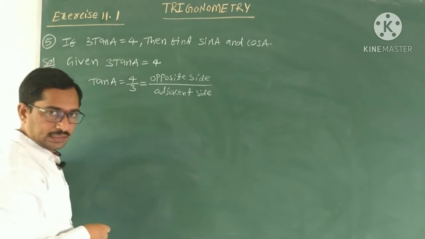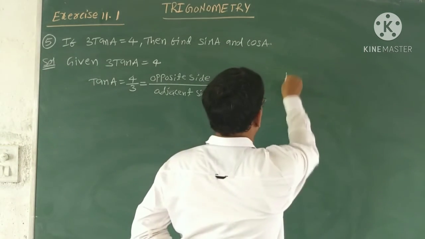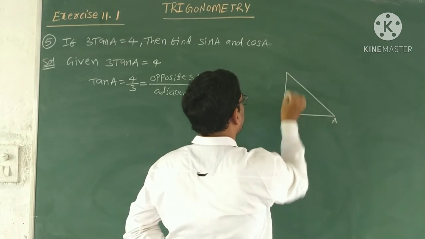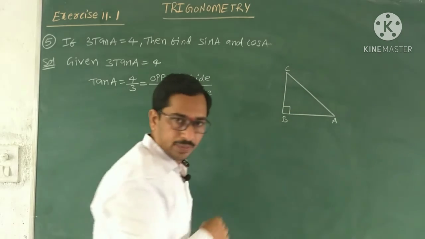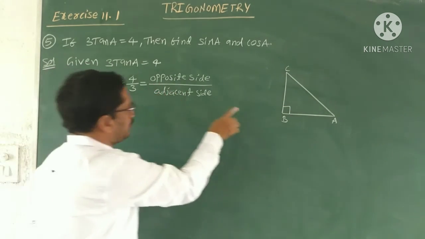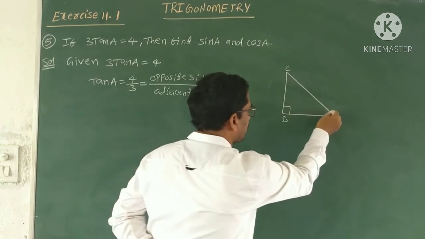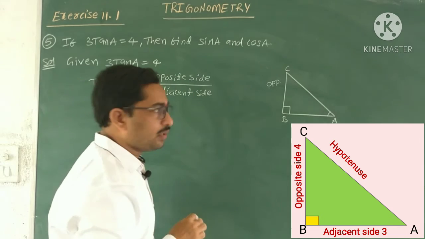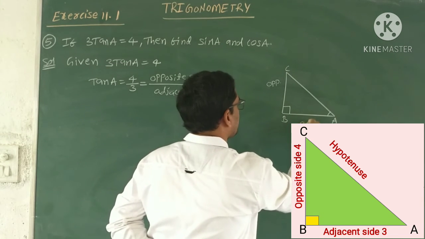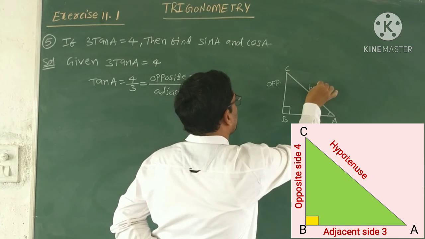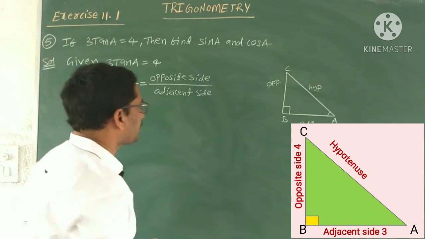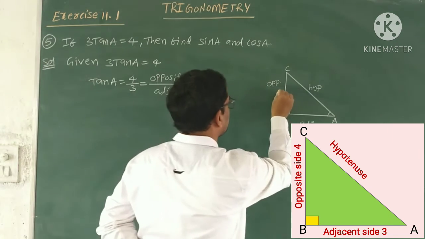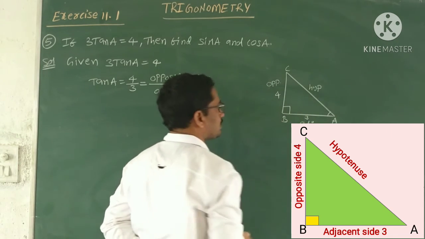See, in right angle triangle A, B, C, right angle at B, with reference to the angle A, this BC is the opposite side and AB is the adjacent side, and the longest side AC is the hypotenuse. So opposite side value is 4, adjacent side value is 3.